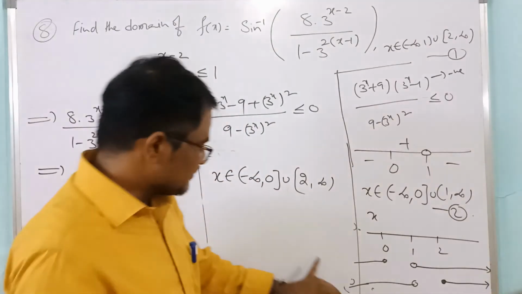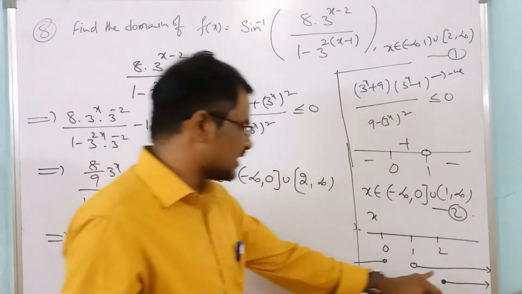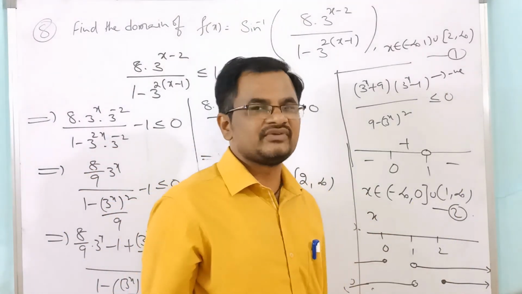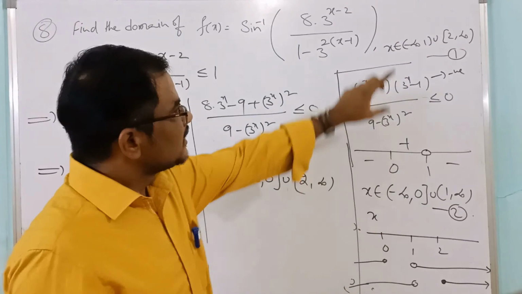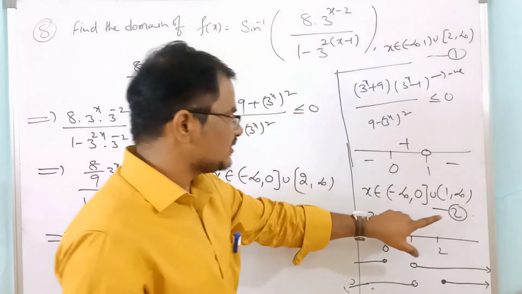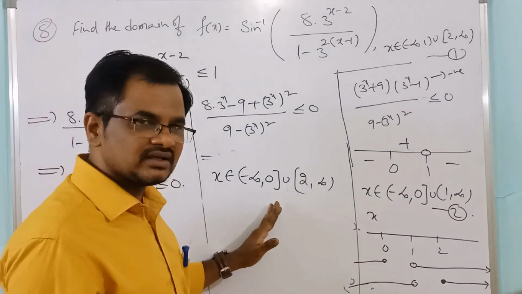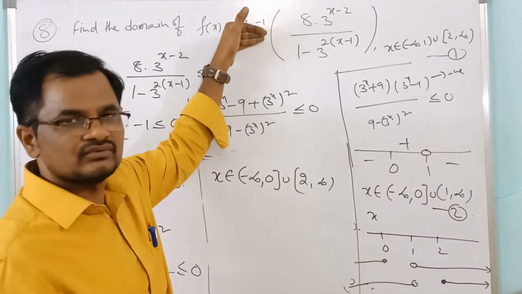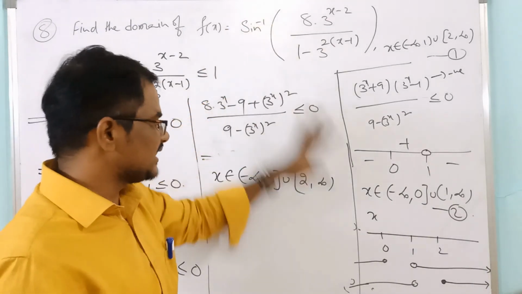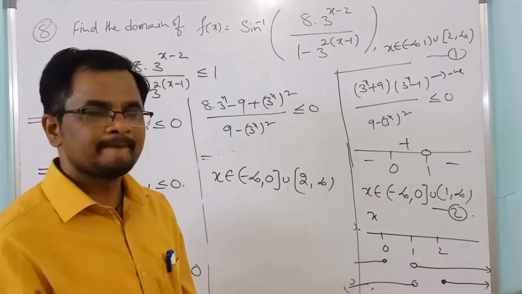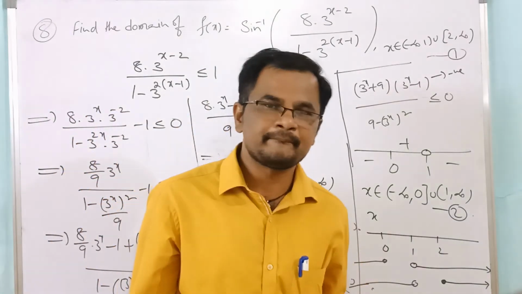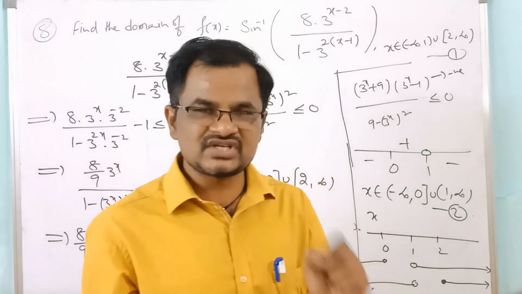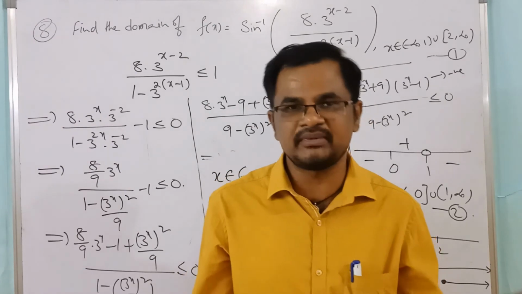That's why minus infinity to closed interval 0 and closed interval 2 to infinity is the intersection of 1 and 2. So this is our domain of the given function. Okay? Like this we have to find. Now this is about the domain of the functions which are involving inverse trigonometric functions.